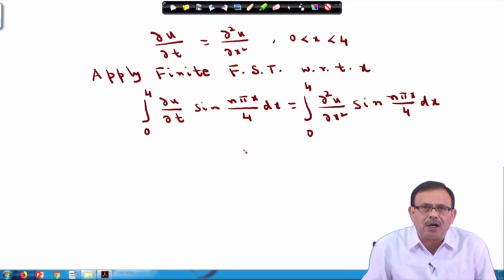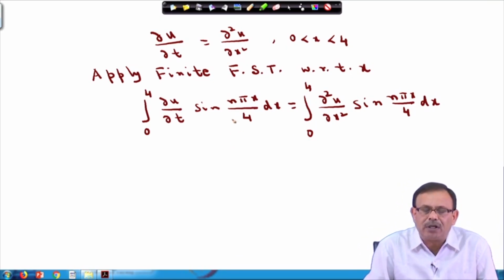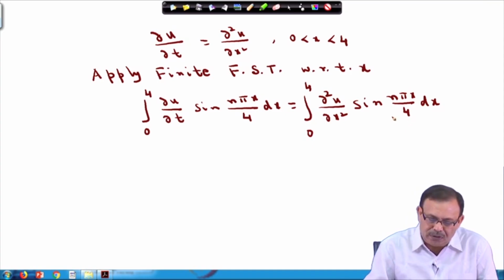Now, you see the integral on the left hand side. After taking the finite Fourier sine transform with respect to x on both sides, from the definition I can write this equals the integral from 0 to 4 of del 2 u by del x square sin(n pi x by 4) dx.